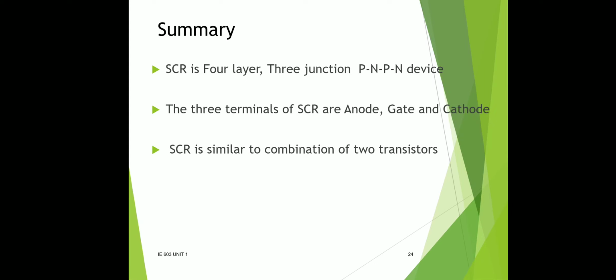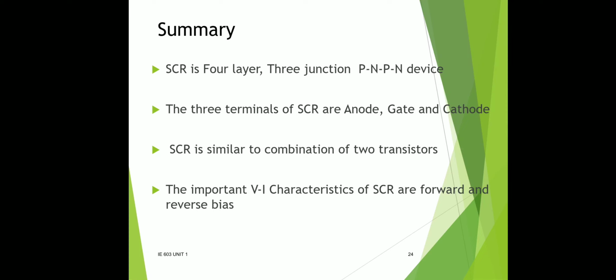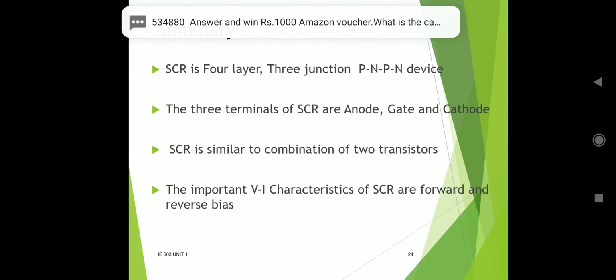The equivalent circuit of the SCR is a combination of 2 transistors connected back to back. That means the collector of one transistor is connected to the input of the other transistor. And the VI characteristics of the SCR in the forward blocking mode, forward conduction mode and reverse blocking mode.